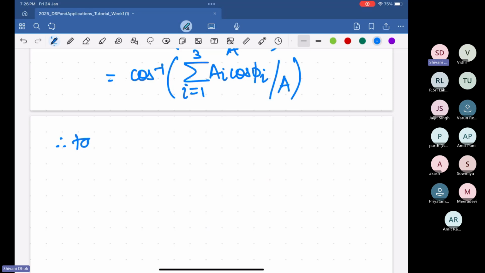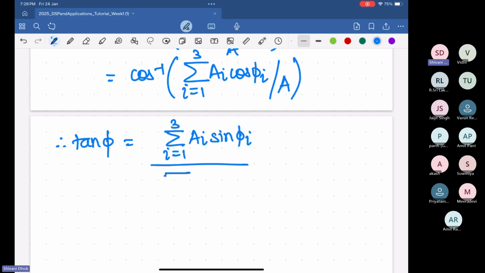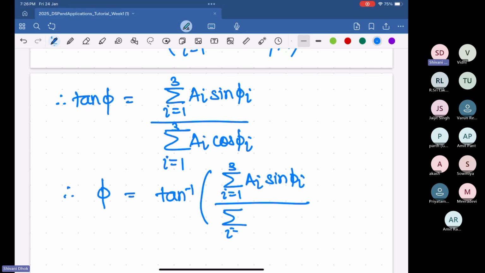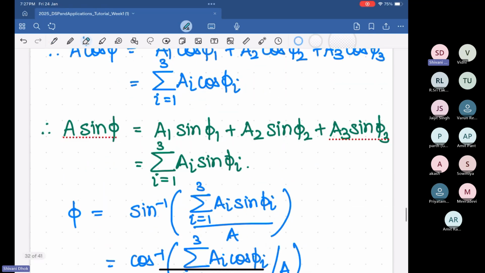So therefore, tan phi comes out to be equal to summation i equal to 1 to 3 Ai sin phi i divided by summation i equal to 1 to 3 Ai cos phi i. So therefore, this phi comes out to be equal to tan inverse of that ratio. Okay, so this is how we'll obtain the value of phi.